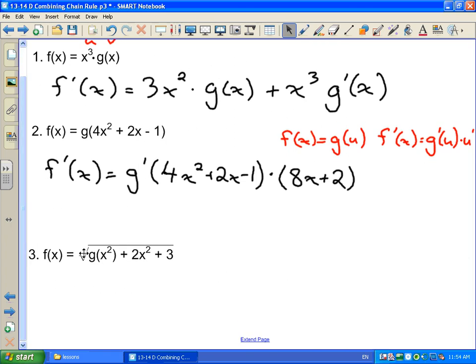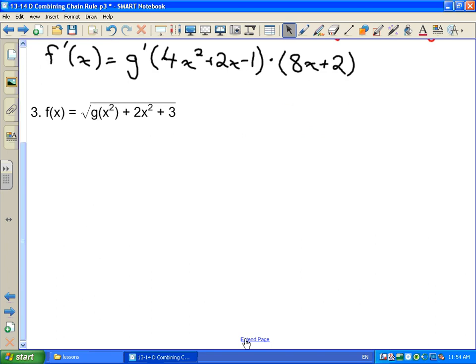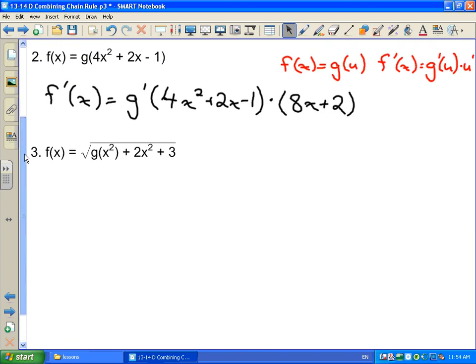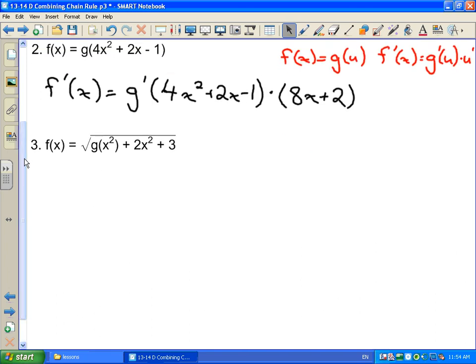Okay, so here's the tricky one. F at x equals the square root of g at x squared plus 2x squared plus 3. We want to find the derivative here. What would you do first? Let's rewrite the square root first.